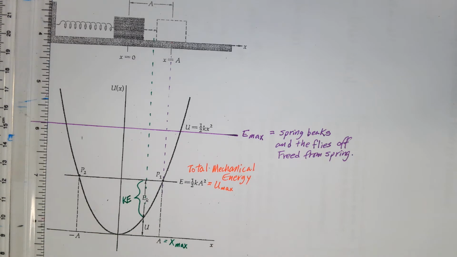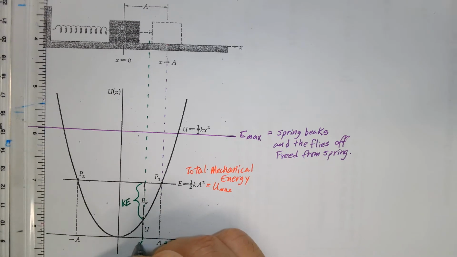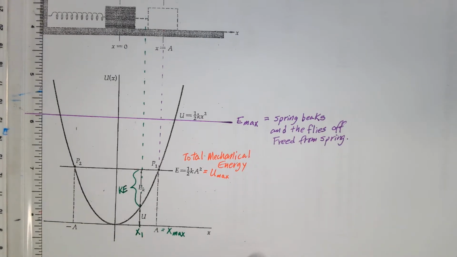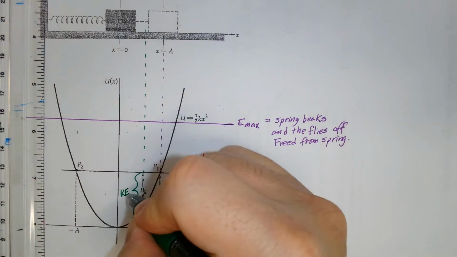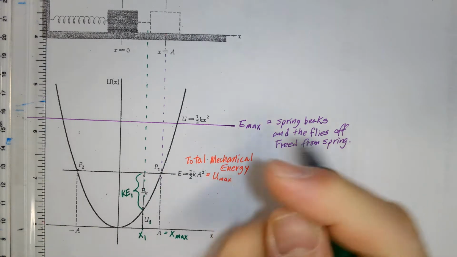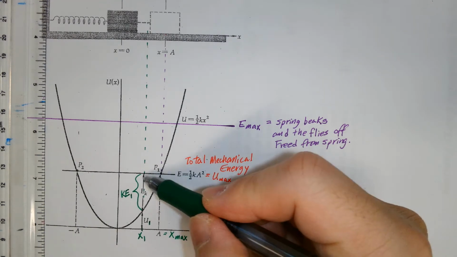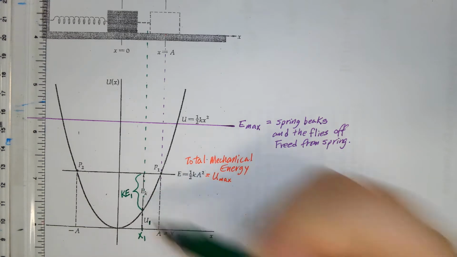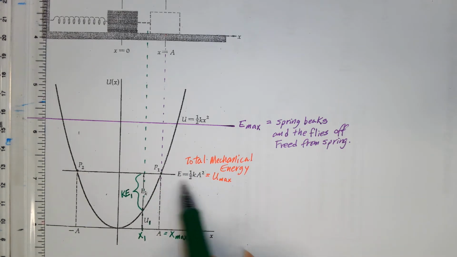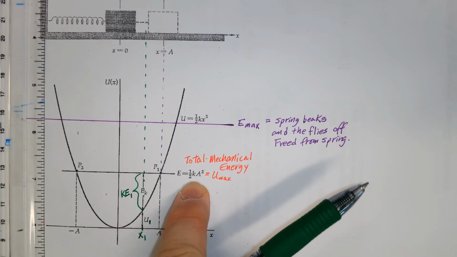We'll call that x1. So the kinetic energy at 1 as well as the potential energy at 1. When I add these two energies up, it should equal this maximum potential energy, I mean the total mechanical energy.